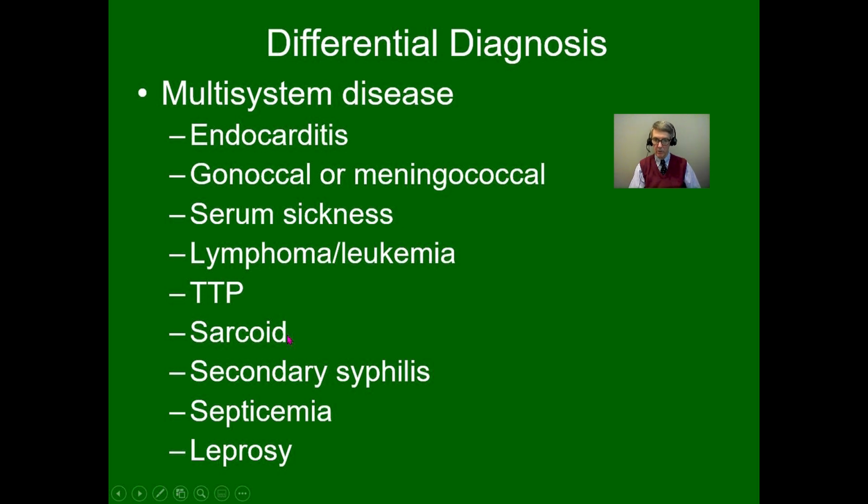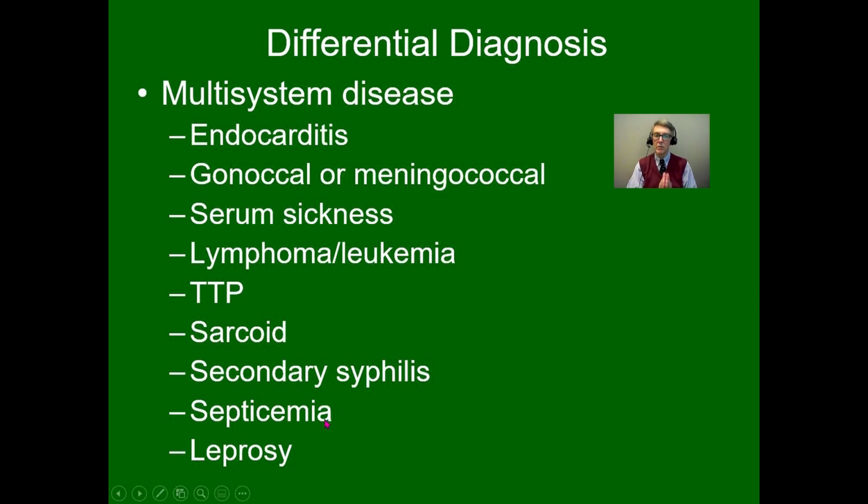Sarcoid, which I hope to speak about in the future, can affect many different organ systems. Secondary syphilis, likewise, can present with multiple organ system involvement. Septicemia, which is infection spreading through the bloodstream, can present with fevers, rash, and multiple organ problems.